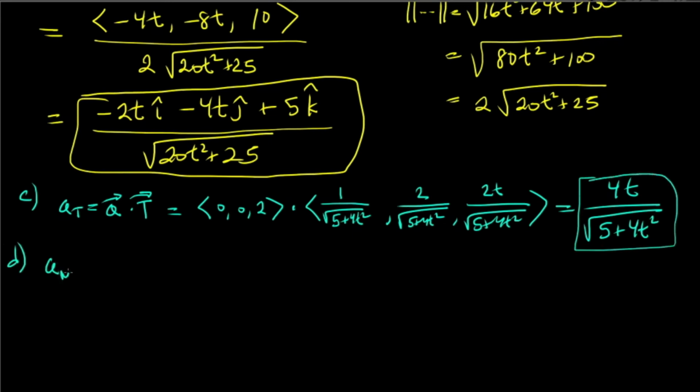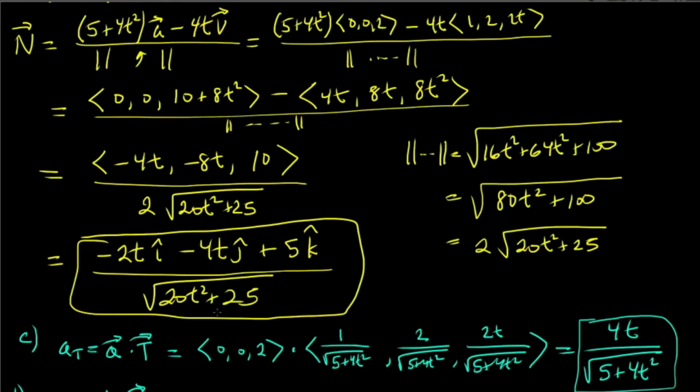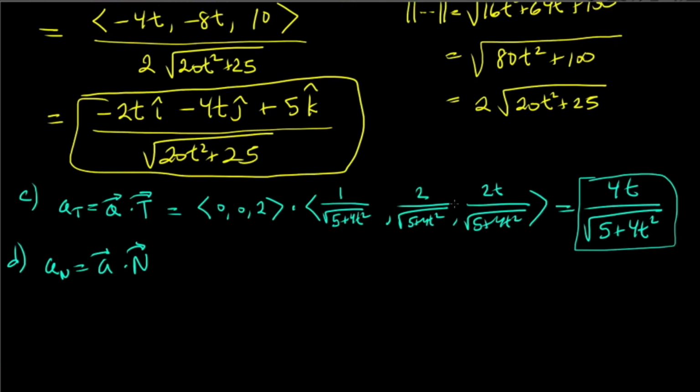And then for part D, the normal acceleration, at this point you can just as easily take a dot n because here's n, right? So a only has a k component, a z component, so it's just 2 times 5, which is 10, divided by the square root of, wait a minute, yeah, 20t squared plus 25. I guess we can factor out a 5 here, right?